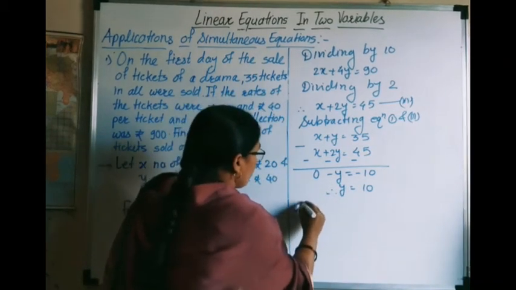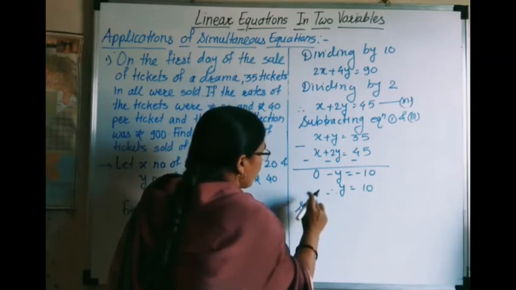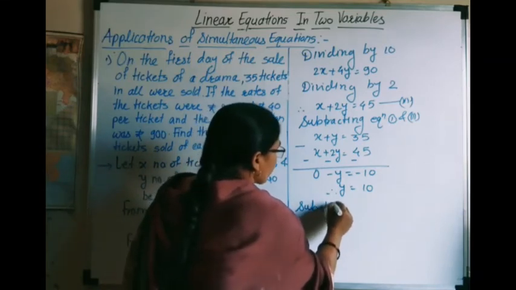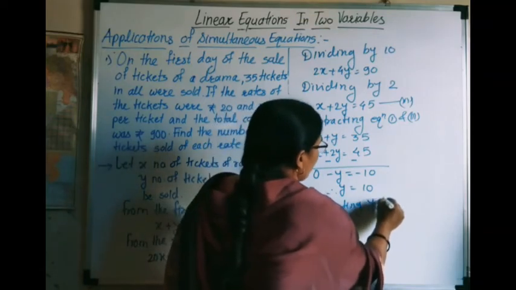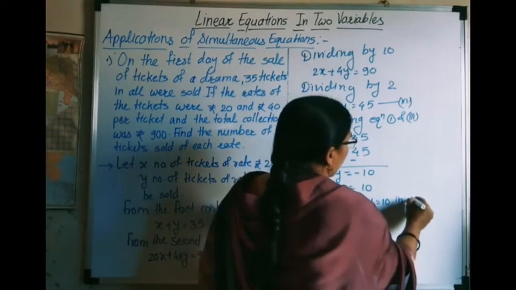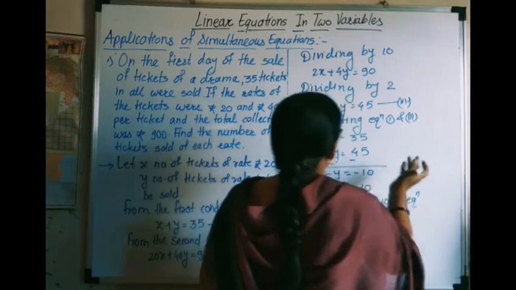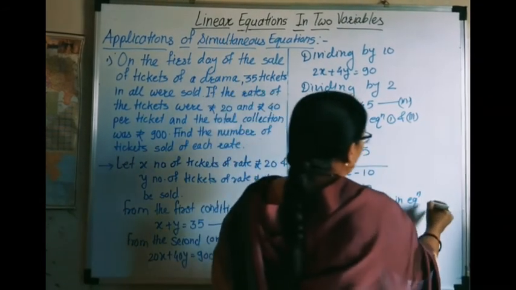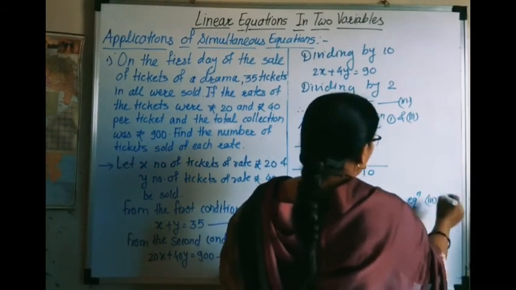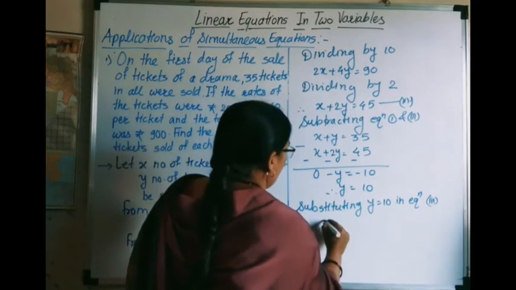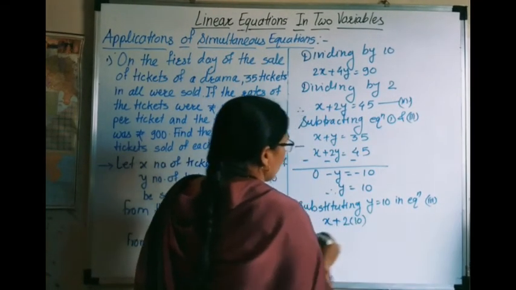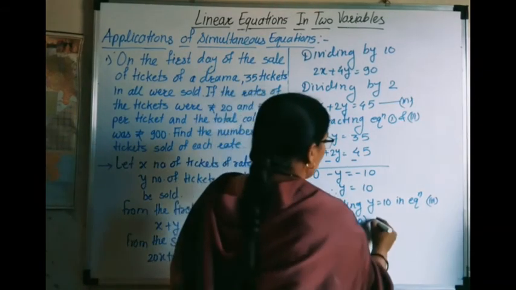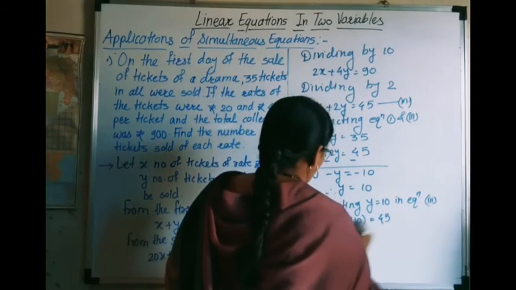Now we have to substitute this value, substituting y is equal to 10 in equation 1, 2 or 3, in equation number 3. Therefore x plus 2 into y, that is 10, is equal to 45.